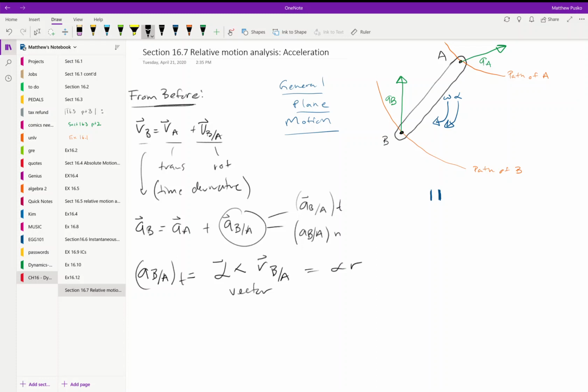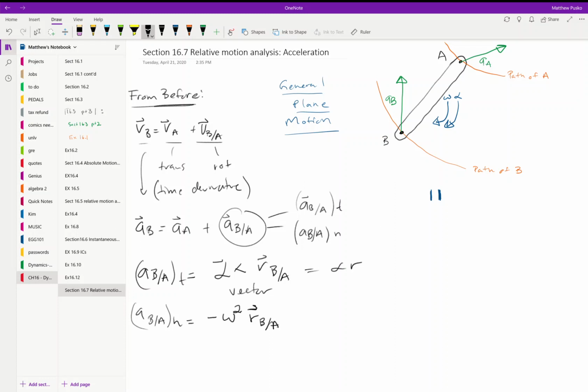The normal component becomes, what do you think? If we knew the velocity in the tangential direction, we could use v squared over rho, but in this unit we're going to see a minus omega squared, and then we keep the vector sign and it points in the opposite direction of the position vector from B to A.